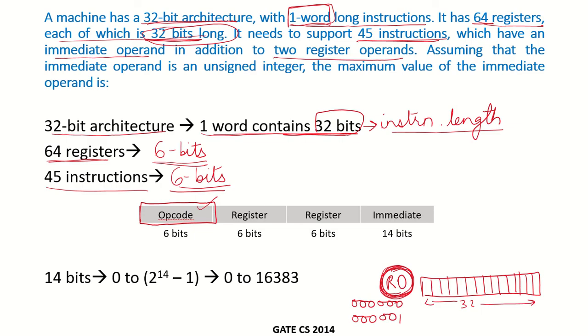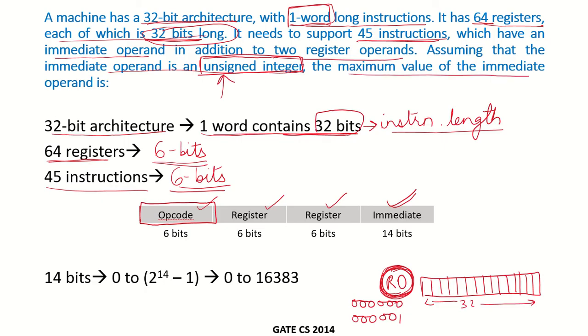So there is an opcode, 2 register operands and an immediate operand. Assume that the immediate operand is an unsigned integer. Immediate operand means the constant values or literals given in the instruction.